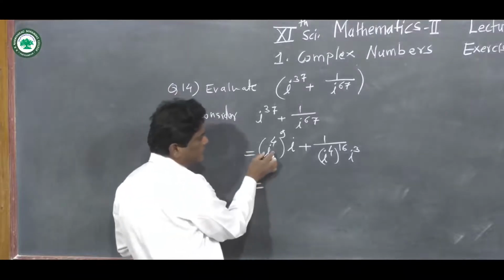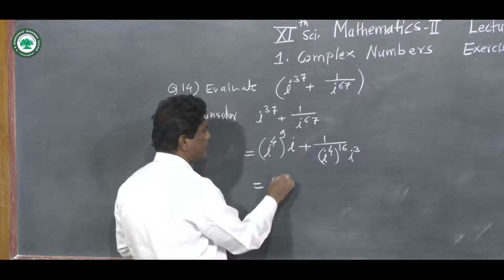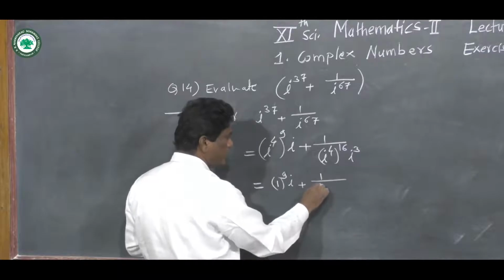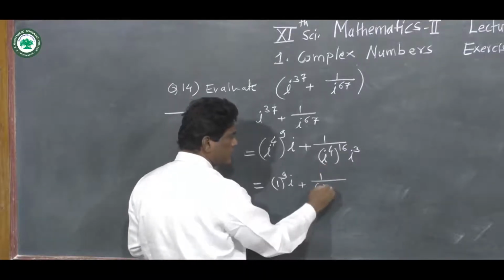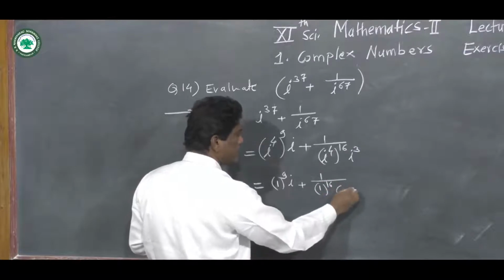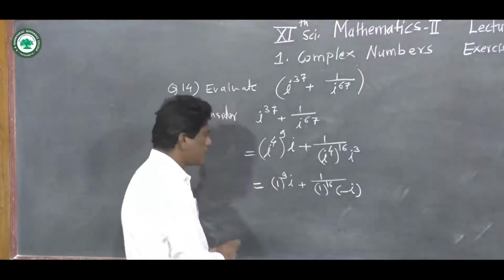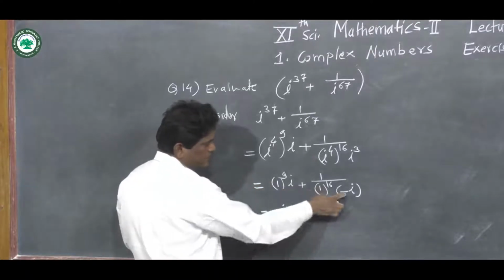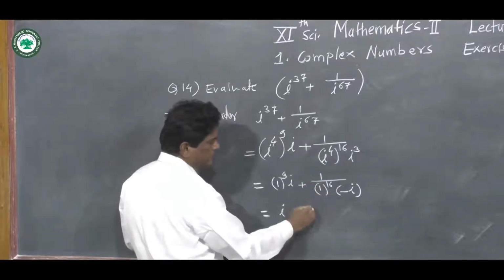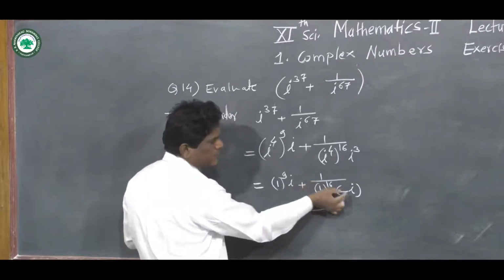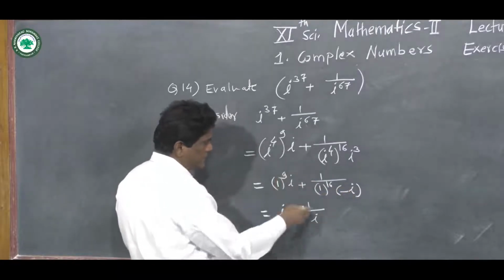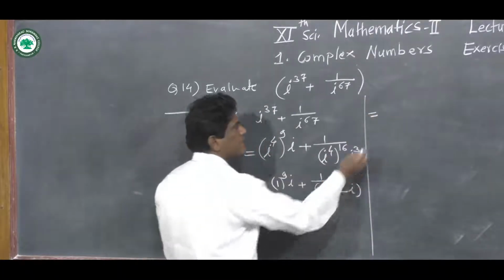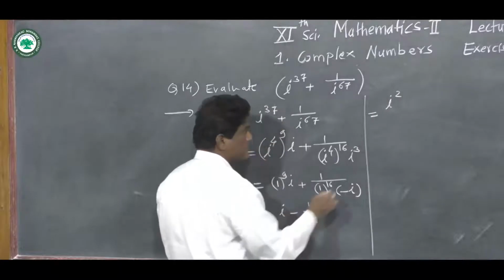So it is equal to, now I to the power 4 is 1. So 1 to the power 9 into I plus 1 upon, I to the power 4 is 1, then 1 to the power 16 and I cube, we know it is minus I. So 1 to the power 9 is 1, 1 into I, that is I. Now take subtraction: I into I, that is I square, minus this 1.